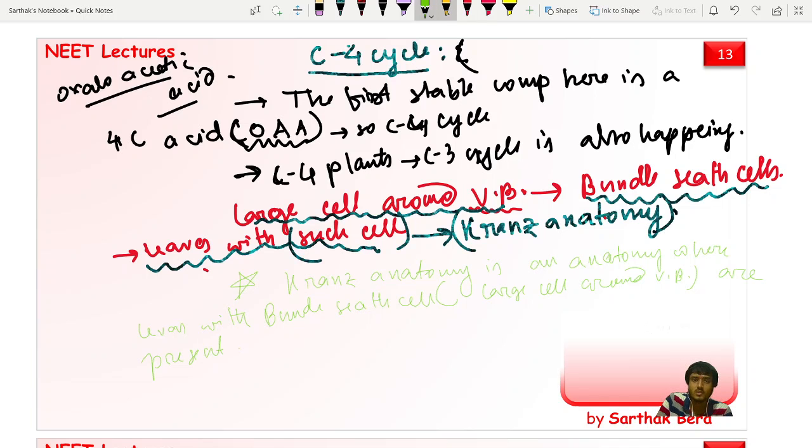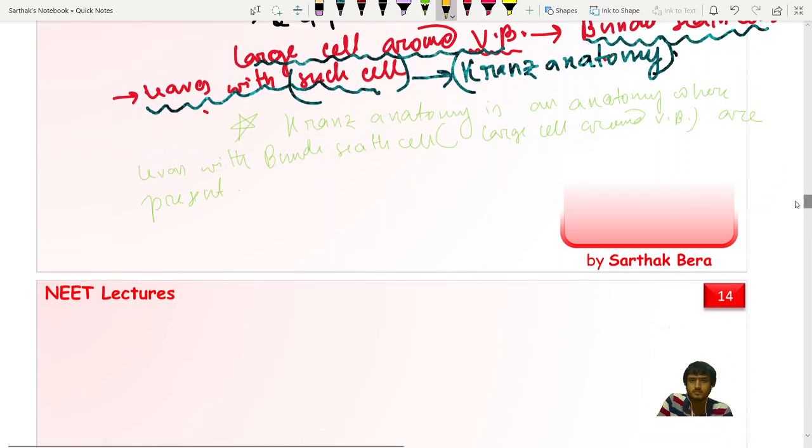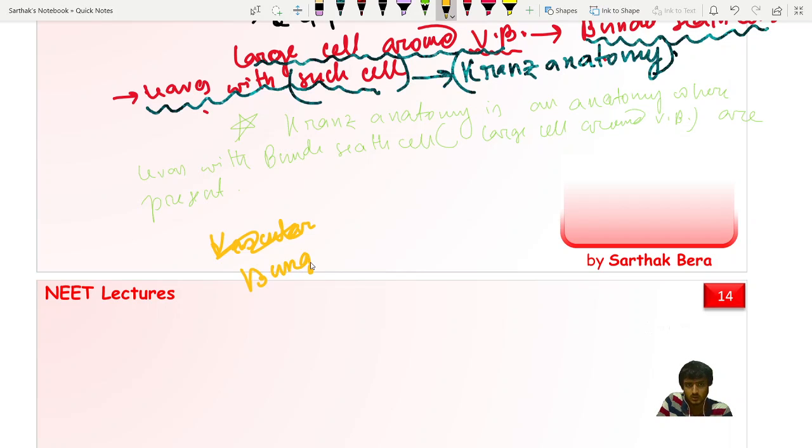And there are also some specializations of this vascular bundle sheath cell.